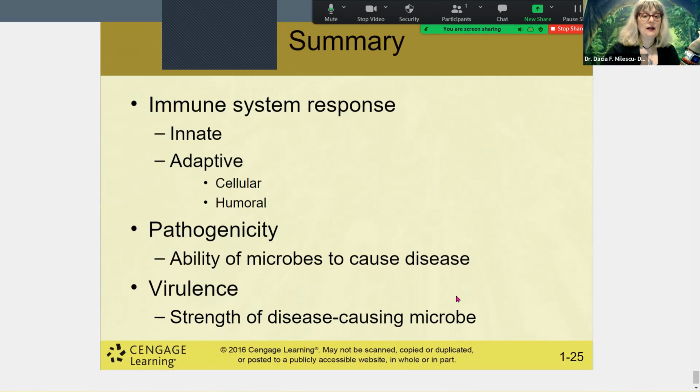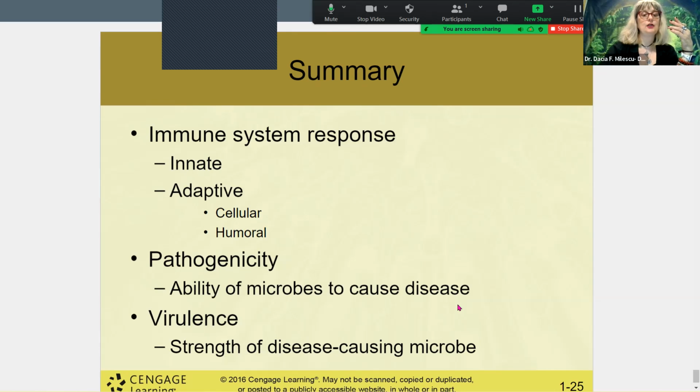The second page of the summary is that you need to review in your book and understand before you take any assessments and your quiz: understand innate versus adaptive immune system. Humoral immune system is your antibodies being released by your B cells. Cellular immune system is your T cells, the soldiers going in on the field and directly attacking the pathogen.